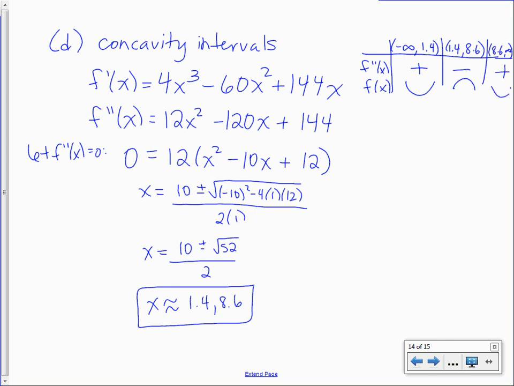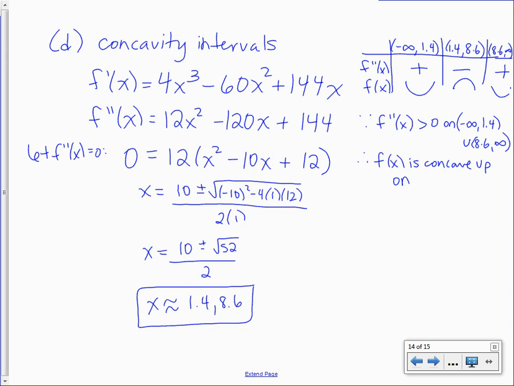Okay. So since f double prime of x is greater than 0 on negative infinity to 1.4 and 8.6 to infinity, therefore f of x is concave up on, remember the rule for concavity intervals: keep them in a cave, always round.